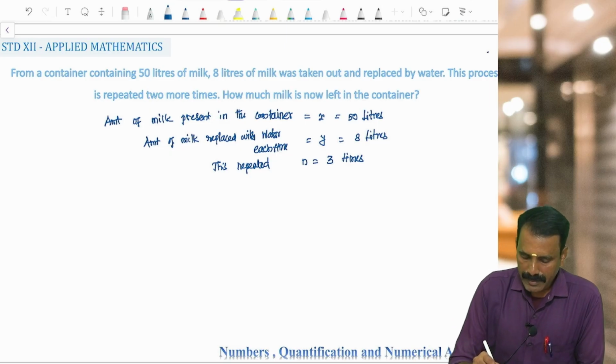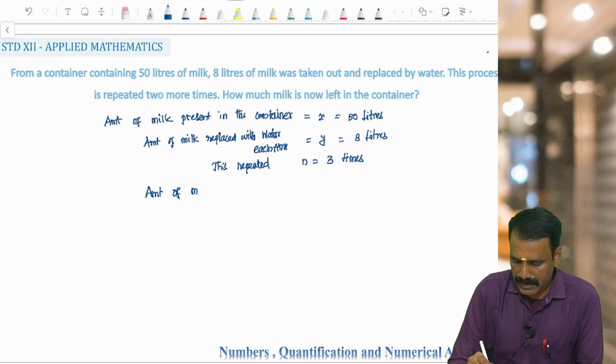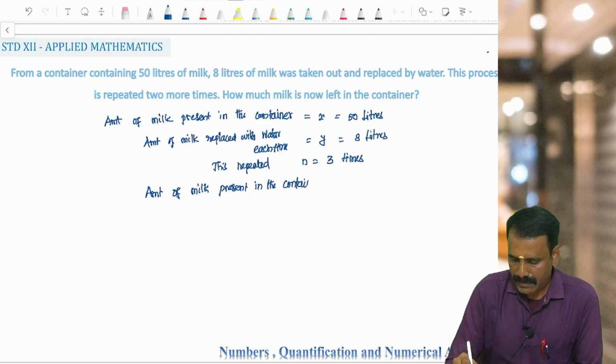And amount of milk present after such replacement. Amount of milk present in the container after such 3 replacements.